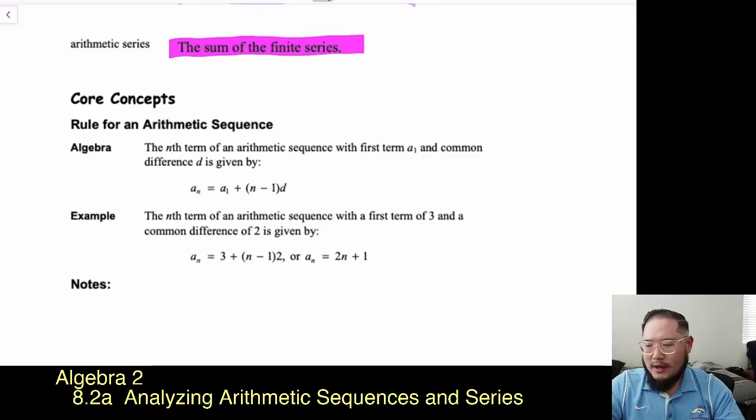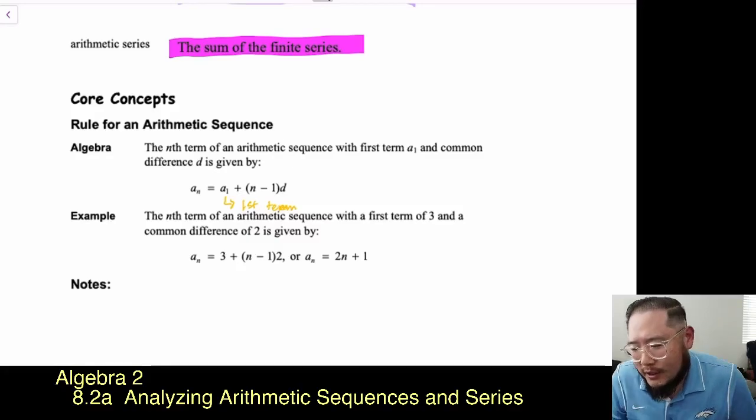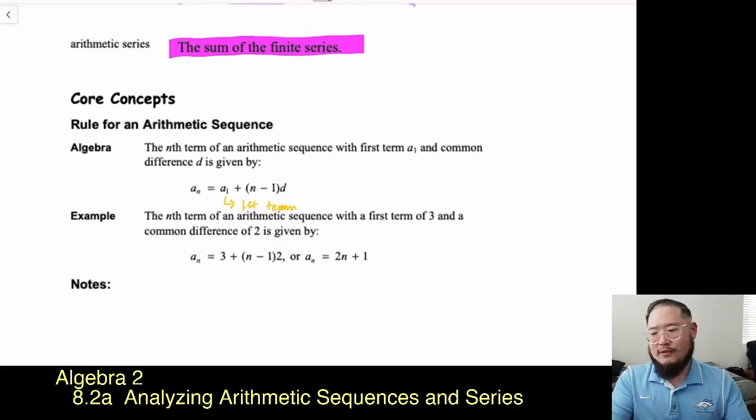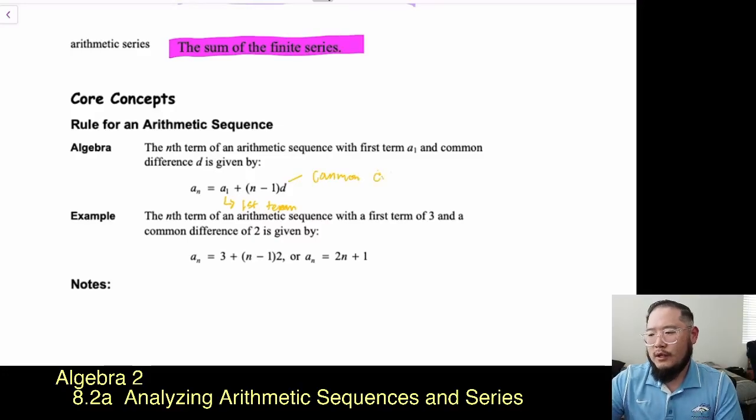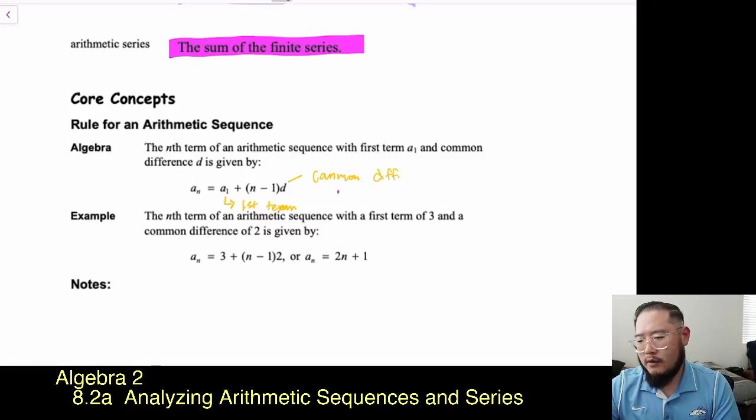Then a sub 1 is the first term. And then we have n, which represents whatever term we're dealing with. It could, once again, be the 50th term, the 7th term, the 100th term. And then you have d, which is your common difference. So make sure you memorize this, all right?